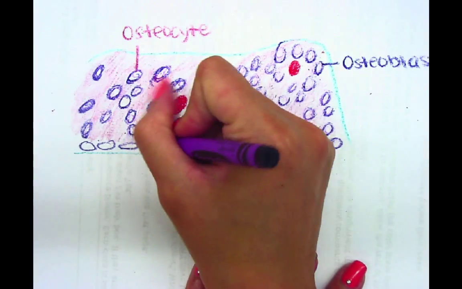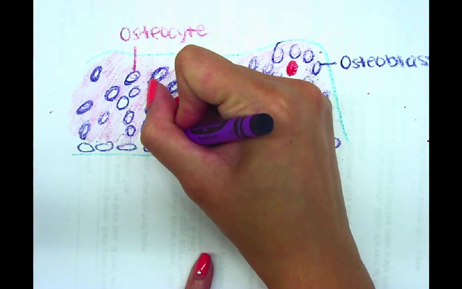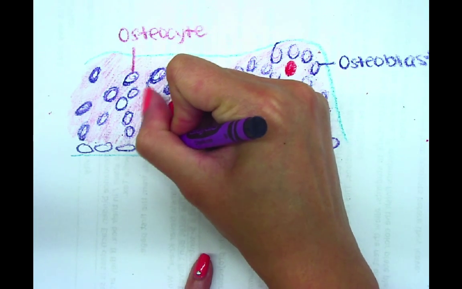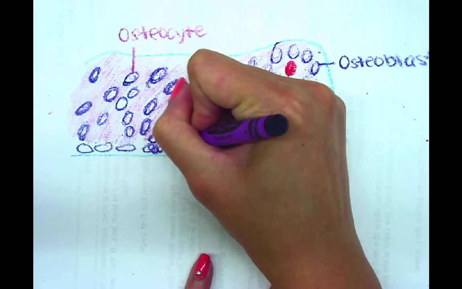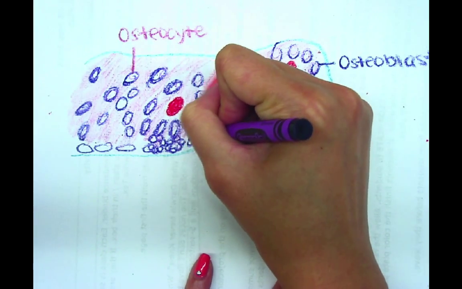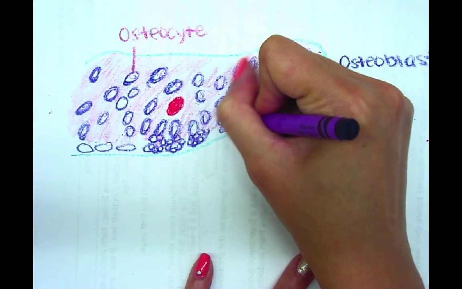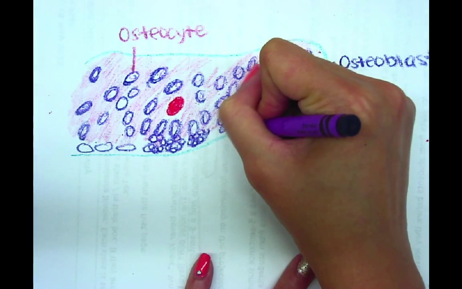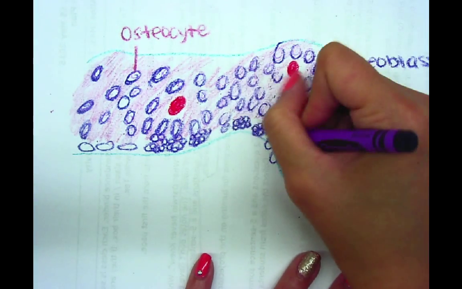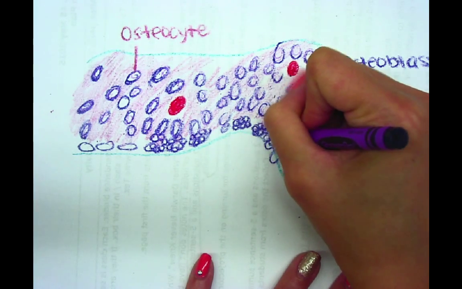They're going to make their copies in circular patterns. The reason why they're doing so in a much more organized fashion is because they're actually forming haversian systems.